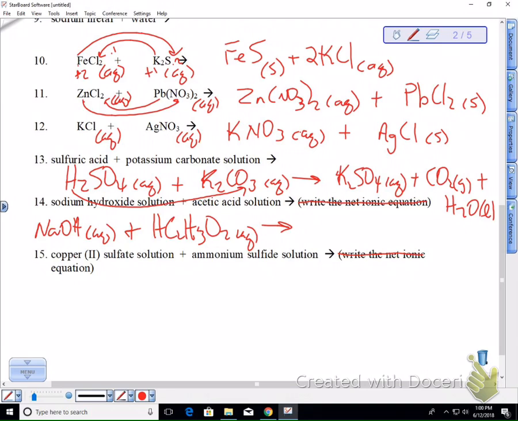We're going to get sodium acetate, plus 1 minus 1, and that is very aqueous, very soluble, and we're going to make water. So does this reaction have a driving force? The answer is yes. The driving force here is the formation of water, the weak electrolyte.